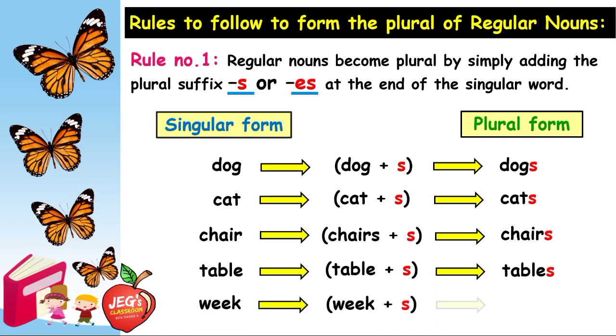And week plus s becomes weeks. In these examples, we simply add an s at the end of each word to make it plural. And as you can see, the spelling of each word does not change or it remains the same even after transforming it into plural form.